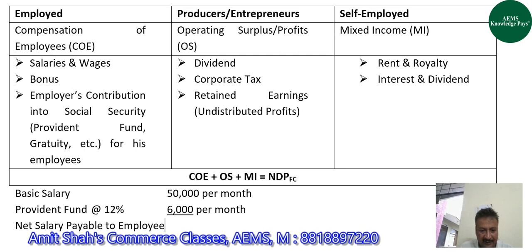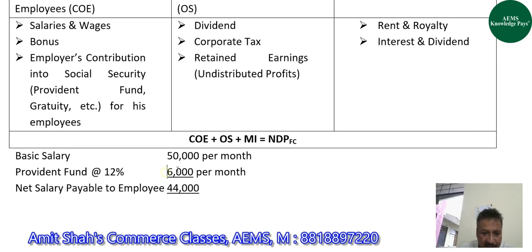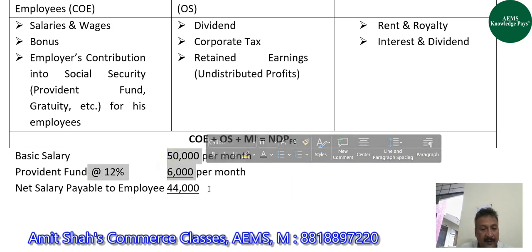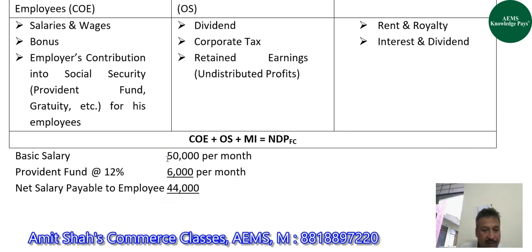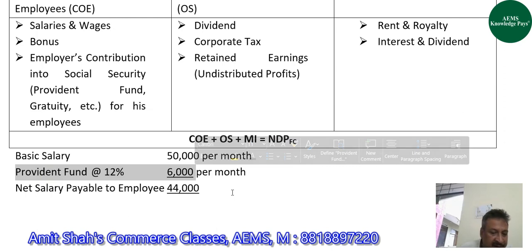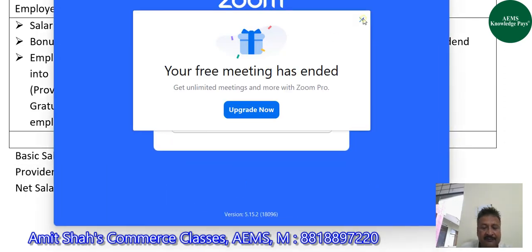So the employer pays 44,000 to the employee every month. Means employer deducts 6,000 rupees from his salary. That is 12% of his basic salary. And how much he pays to him every month is 44,000, though employee's salary is 50,000 only. But as per the rules of labor law, employer needs to deduct 6,000 every month from his salary.